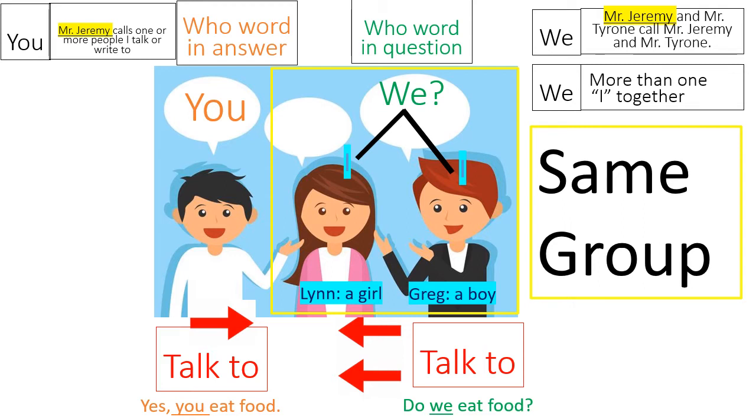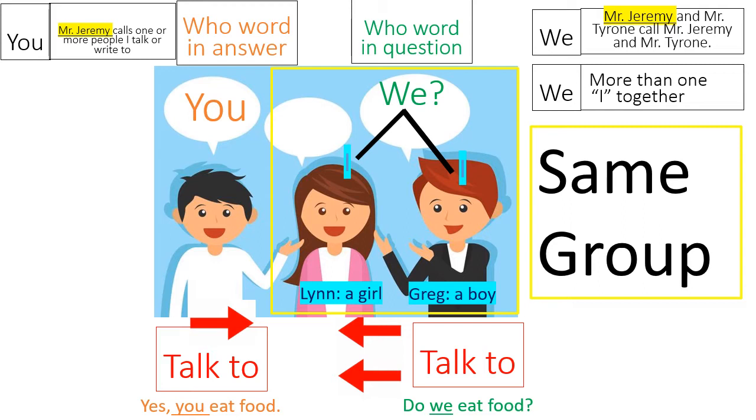Okay, and remember, you is what Mr. Jeremy calls one or more people I talk or write to. So that's you. So when I look at a person and I'm with them and they're not part of my group, I call them you. Or it could be more than one person that I'm talking to that's not part of my group at that time.